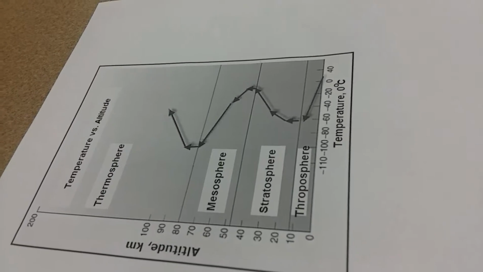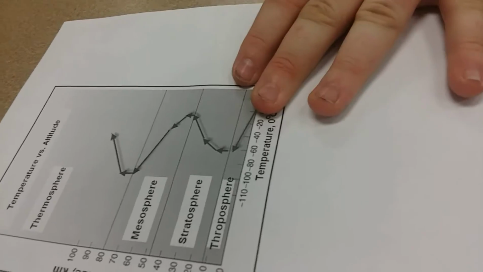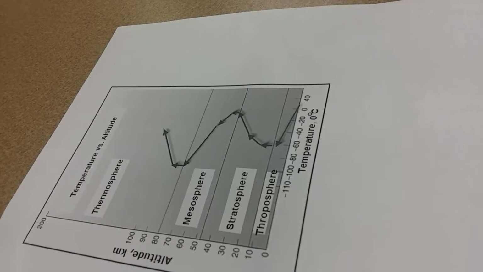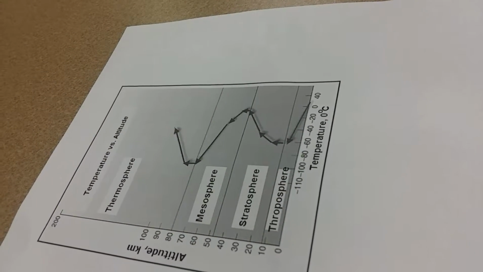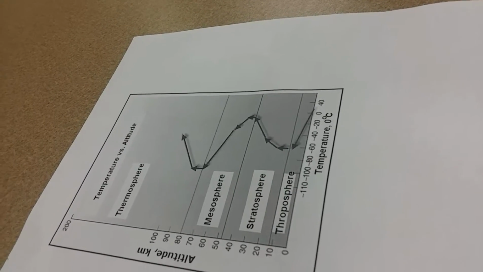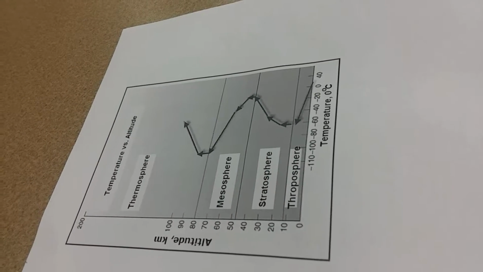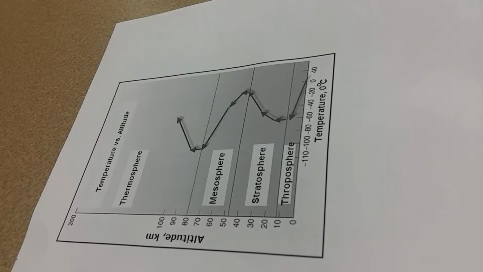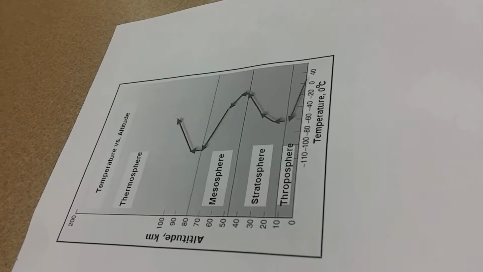This is because at the lower levels, heat from the Earth itself warms the atmosphere, and as the altitude increases, the density of air molecules decreases, which decreases kinetic energy overall.